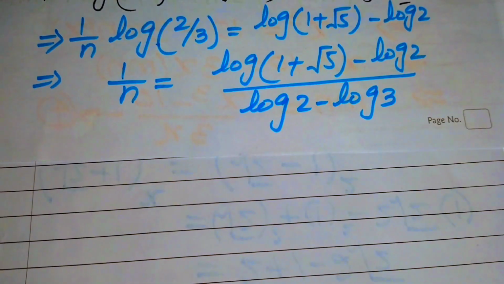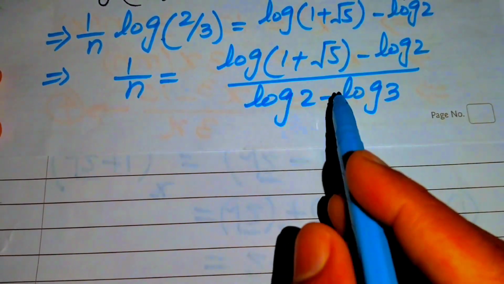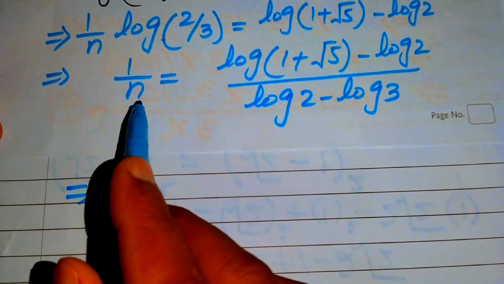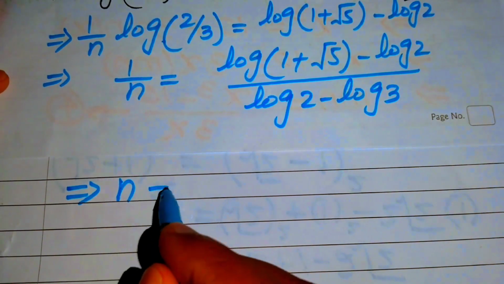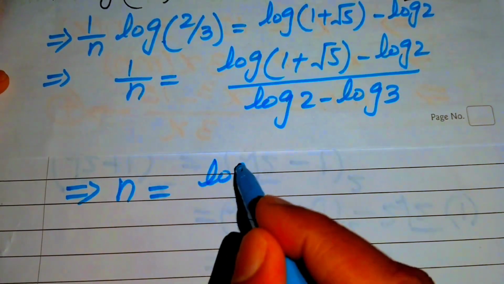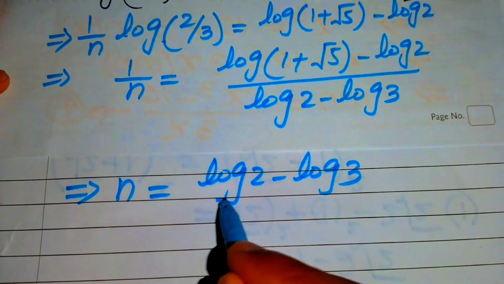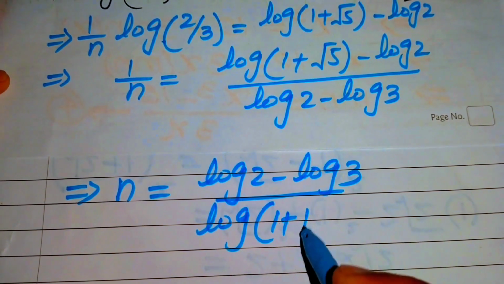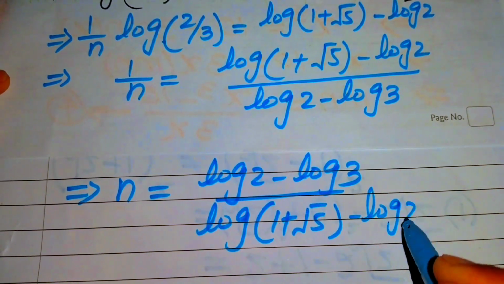And now in the next step we put in the values of the logs, and first we take the reciprocal on both of the sides because we want to find the value of n. So here you have 1 over n, and we write it as n equals to log of 2 minus log of 3 divided by log of 1 plus square root of 5 minus log of 2.